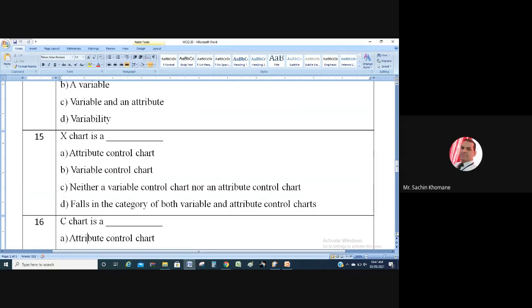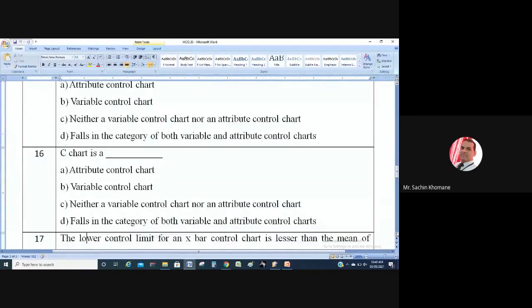Remember, X and R charts fall under the variable control chart, and P and C control charts come under the attribute type. So X is a variable control chart.